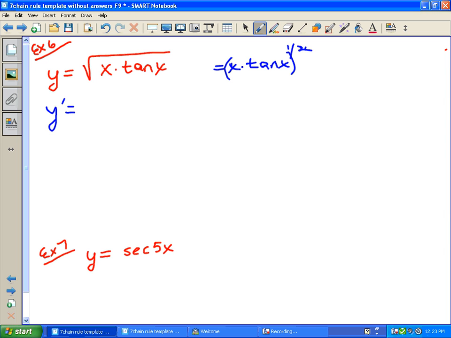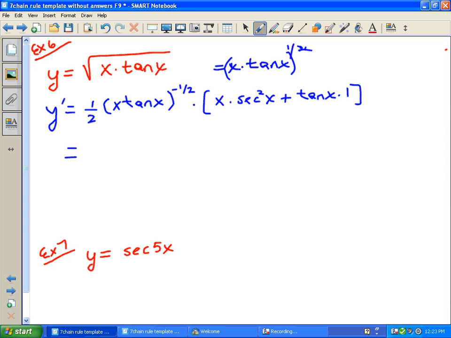So let's begin with the chain rule. So 1/2 times (x tangent x) to the power of -1/2 times the derivative of the inside. By the product rule, we have first times the derivative of the second plus the second times the derivative of the first.